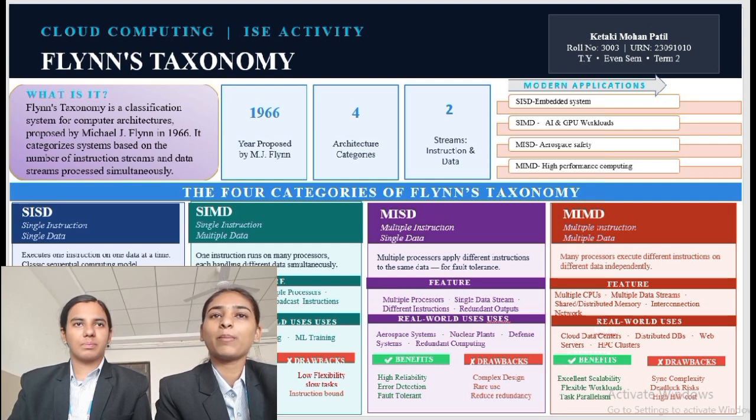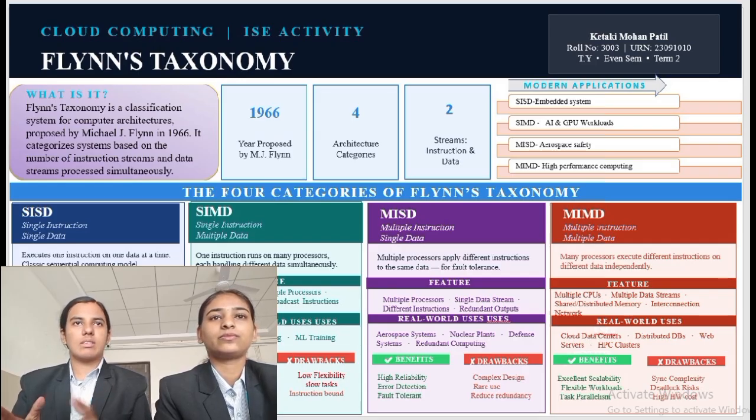All these things happen in parallel. Exactly. Flynn's taxonomy helps us understand how systems manage all these things efficiently. It also helps in designing processors, building cloud systems, or improving the performance of operations.